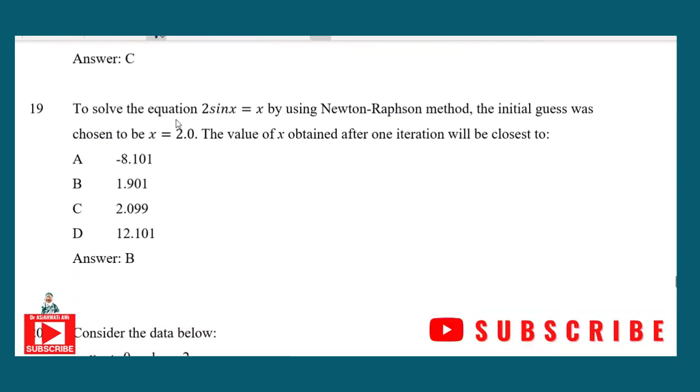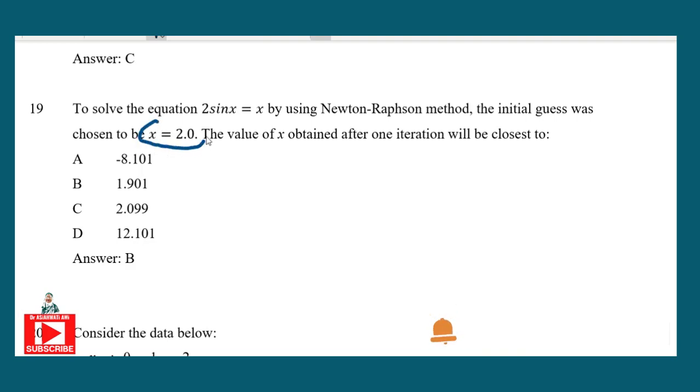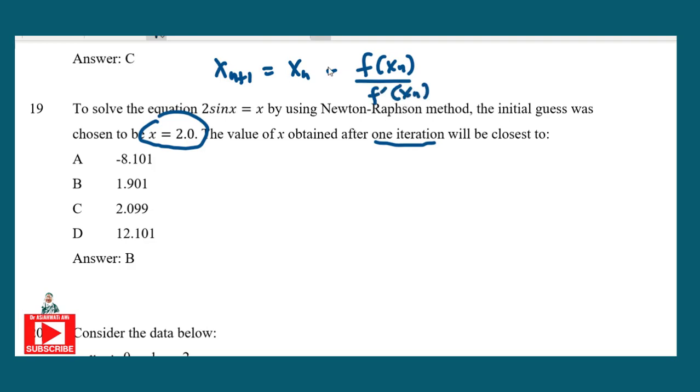Number 19. To solve the equation 2 sin x equals x by using the Newton-Raphson method, the initial guess was chosen to be x equal to 2.0. The value of x obtained after one iteration, x1, will be closest to what? The formula for Newton-Raphson is x(n+1) equals x_n minus f(x_n) over f prime of x_n.